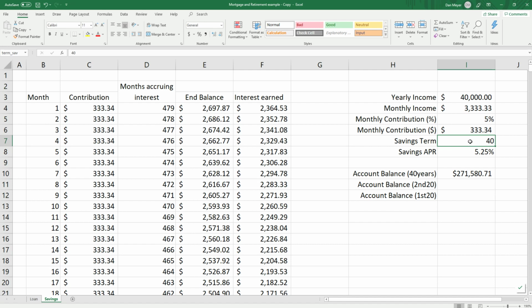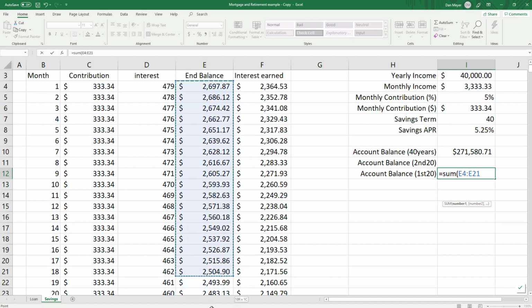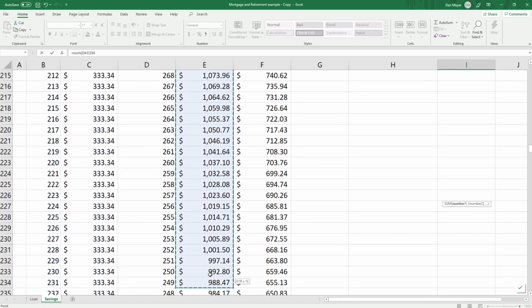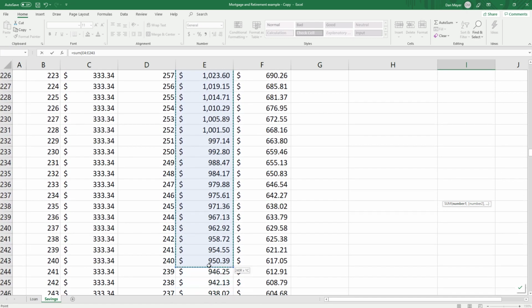Now, I still have the savings term for 40 years here. For the first person, we're going to look at the first 20 years worth of end balance. Okay, so the person who saves double the amount for the first 20 years, you can use the sum function here. Just add up these end balances for those first 240 months. So we can quantify the difference here.